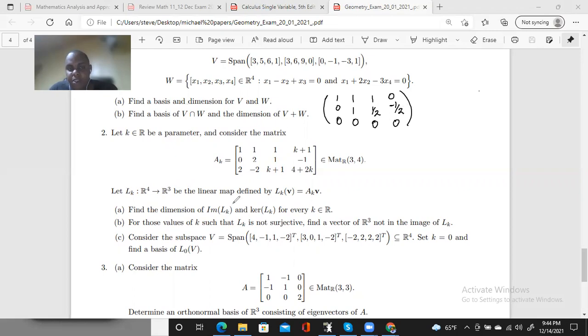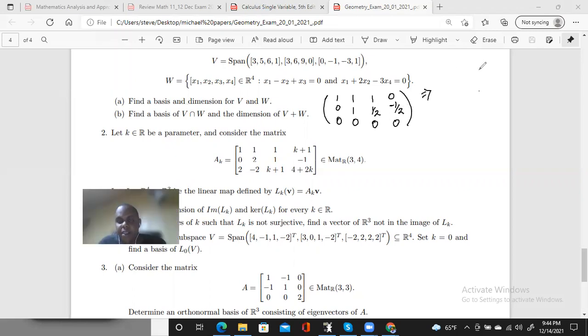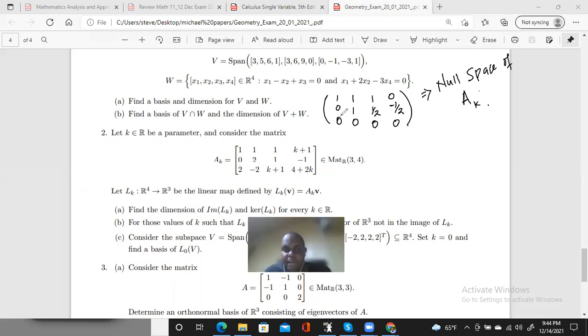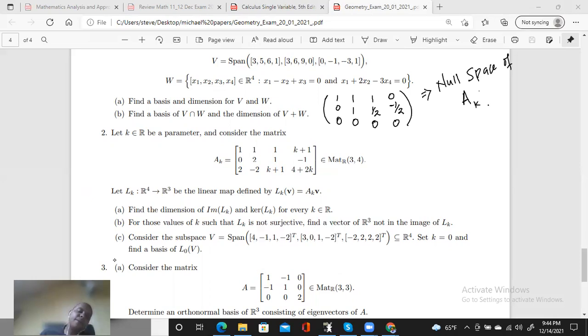So first and foremost, we are doing all this to find the null space of the matrix AK. Why do we need to find the kernel of AK?